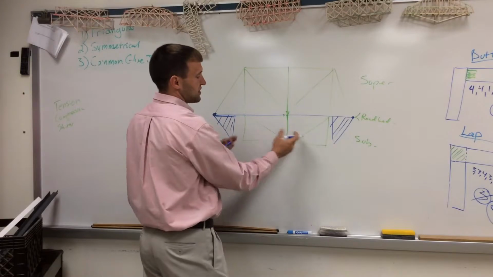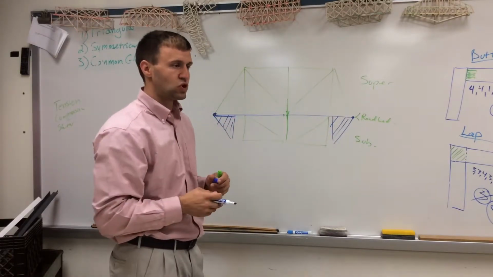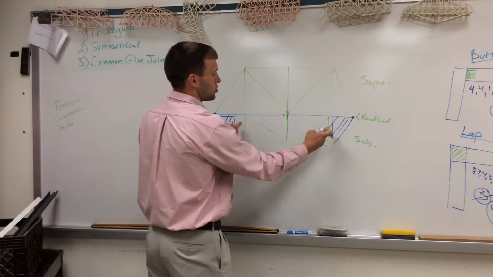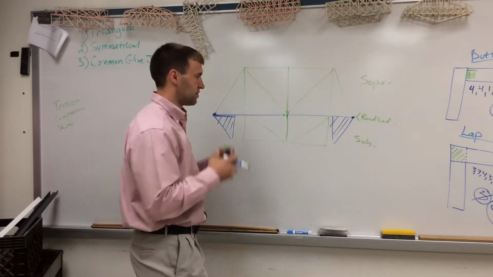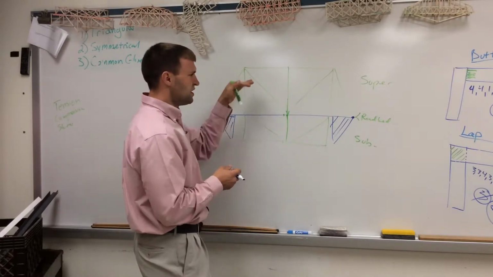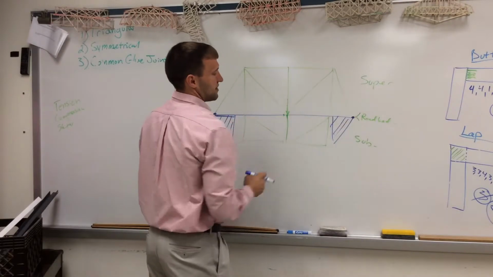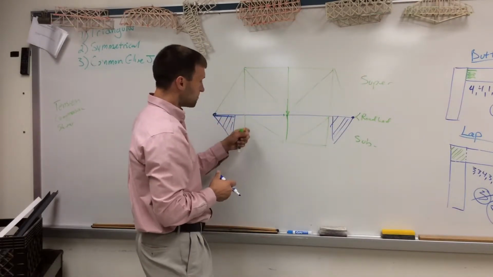The substructure sits inside the opening, inside that gap, that valley that we're trying to bridge across. So the substructure must fit inside the triangles for this portion of our design process, our creation. So the length is slightly different between those two structures, super and sub.